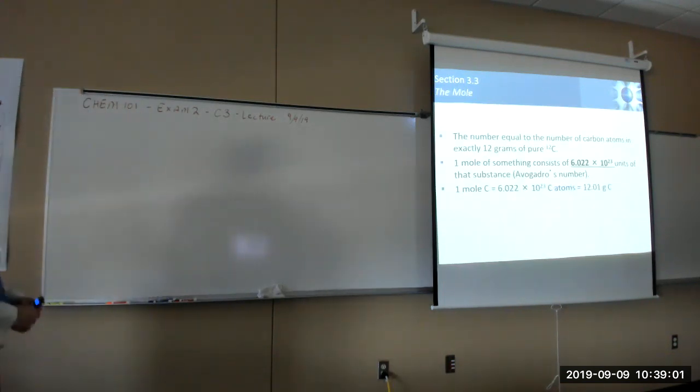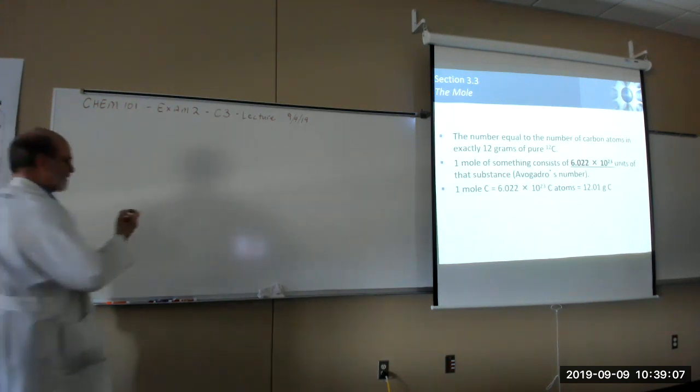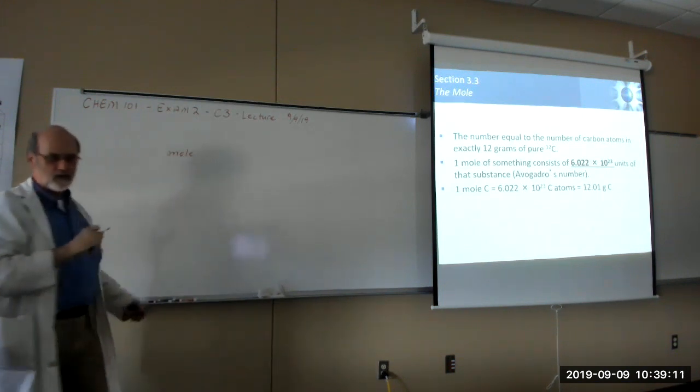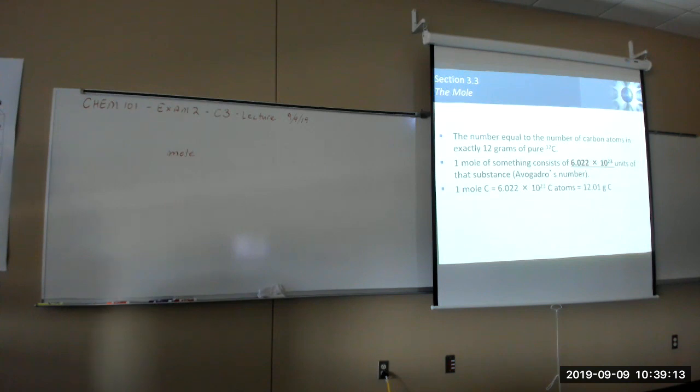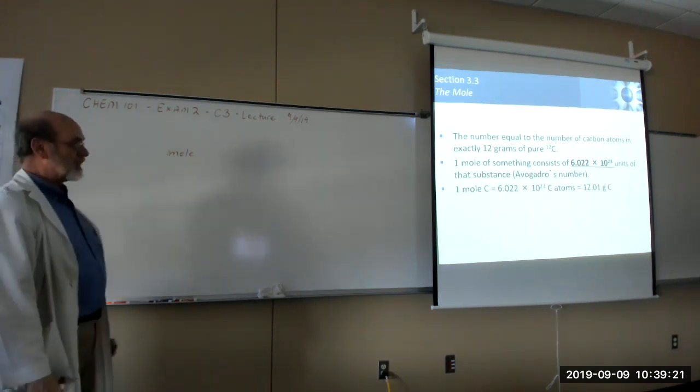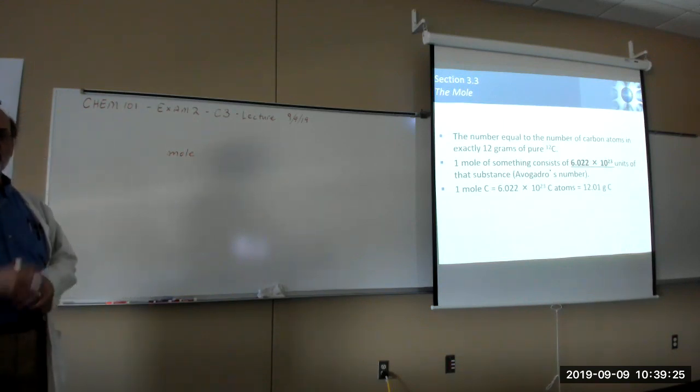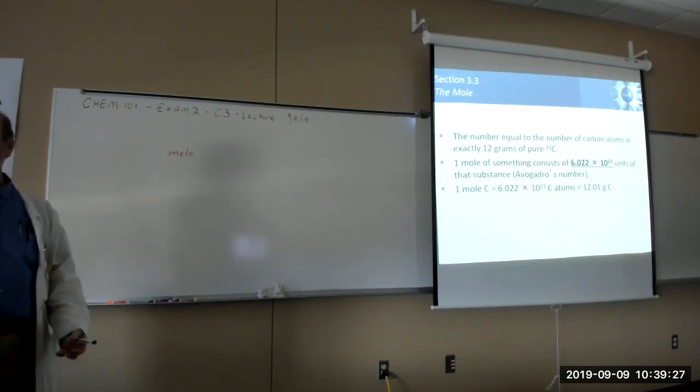Now, here's that unit of measure I was talking about, the mole. It's not the furry little creature that digs up your lawn. The mole is a unit of measure. The mole is a number of things. It can be a number of any things.